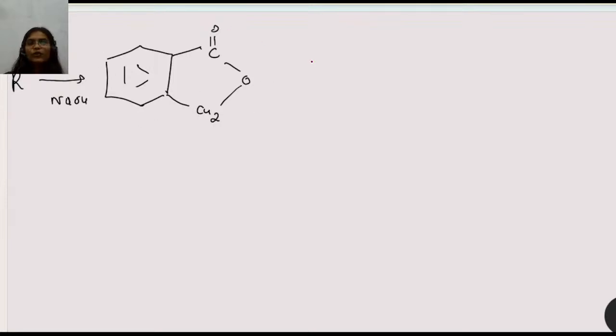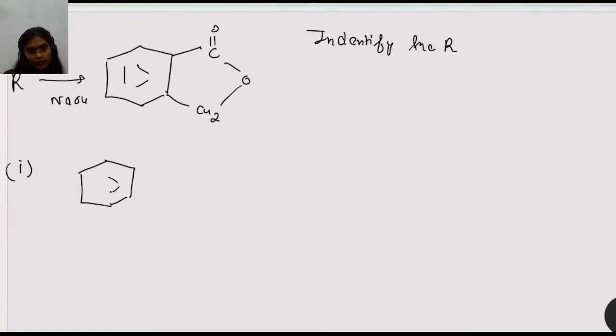Basically you have to identify the reactant. The question is: identify R. What is the value for R? There are some options for you. Option number one is COCH3 or COOH.